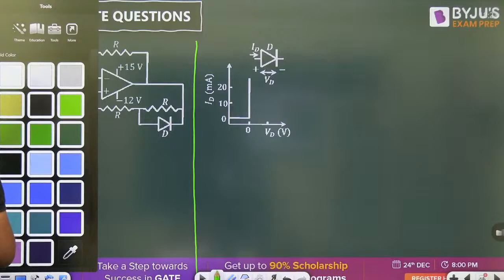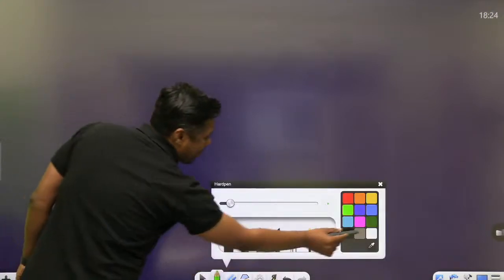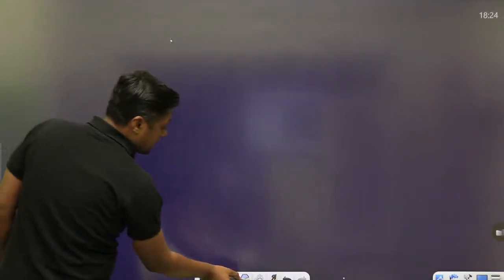Now let's take our background color. What is the standard circuit here?